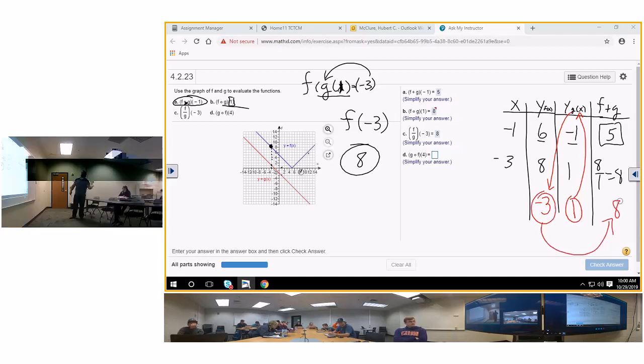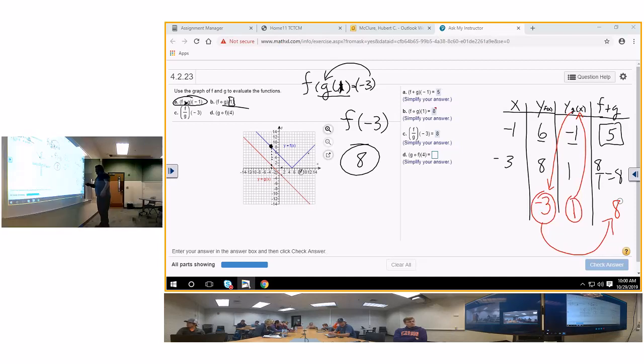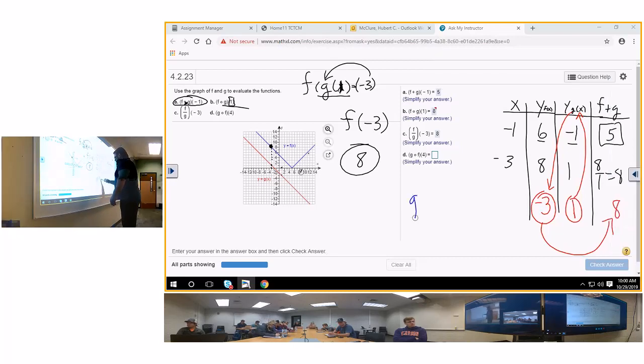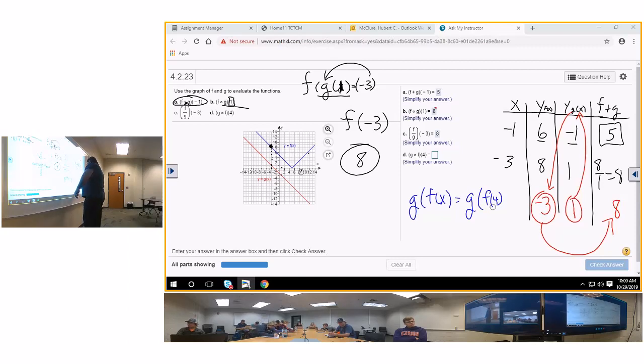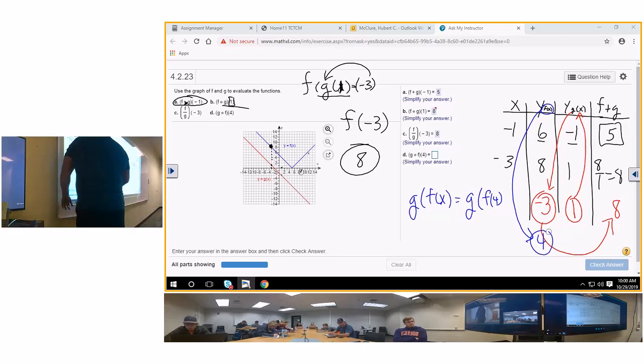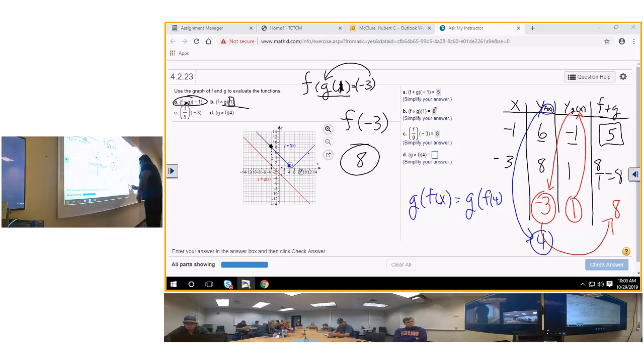Now, if you did it the other way, G of F of 4, and I'm going to do that in blue, G of F of X, then that's going to be G of F of 4. So I'm going to go right here and take F of 4, which is what? 1?